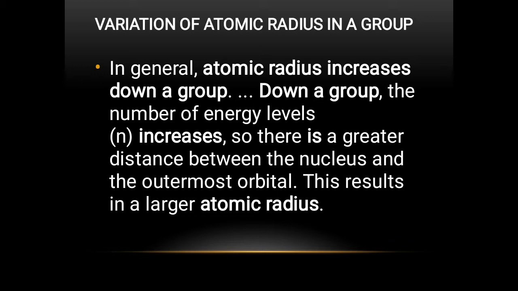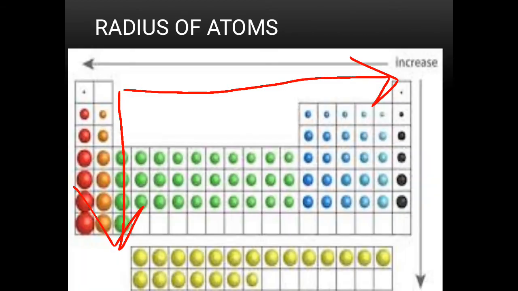In general, atomic radius increases down a group. Why? Because there is a greater distance between the nucleus and the outermost orbital. This results in a larger atomic radius. Now I come back to the previous slide.